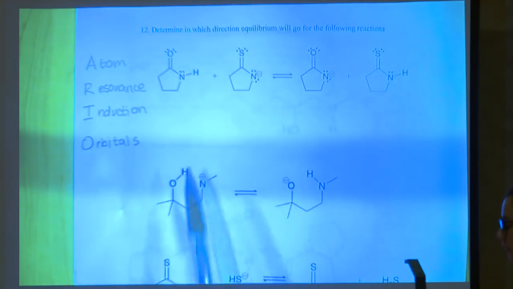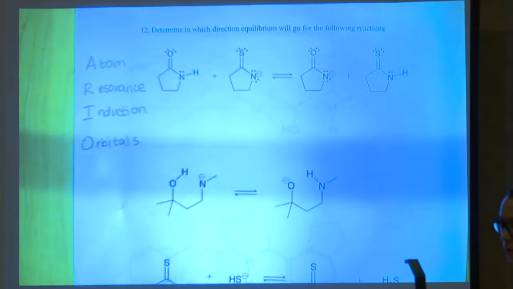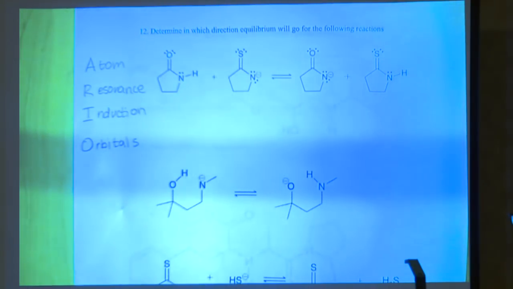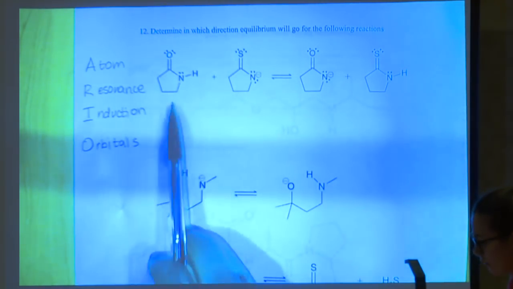So when we're talking about ARIO, what does that tell us? Are we talking about the acid or the conjugate base? Good. So we need to look at the conjugate base because this all tells us stability of the conjugate base. And a more stable conjugate base means what about the acid? Stronger. Good.